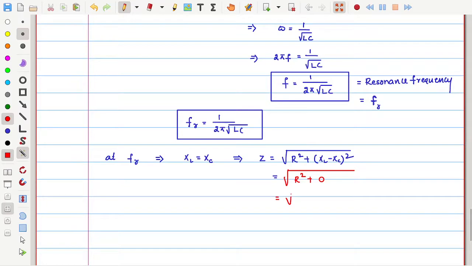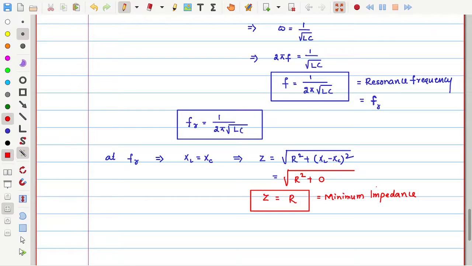That means this entire thing becomes simply R, which is the minimum impedance. You will not get below this level.